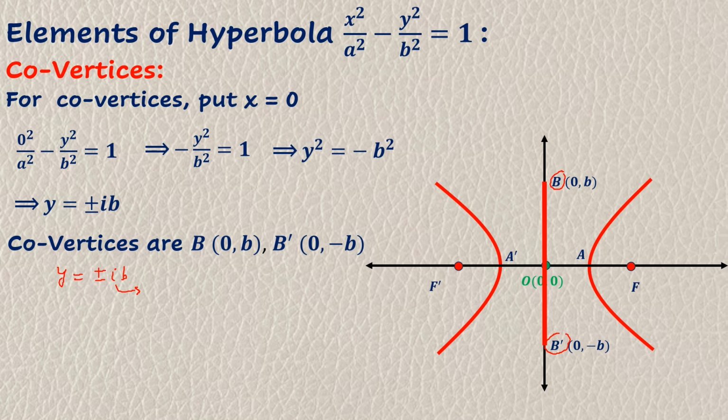It means the co-vertices are imaginary. Note this property, that the co-vertices of hyperbola are imaginary. And as we know that on complex plane, y-axis represents imaginary axis, therefore we have written B and B dash as (0, b) and (0, minus b), because a complex number can be written as ordered pair (a, b).